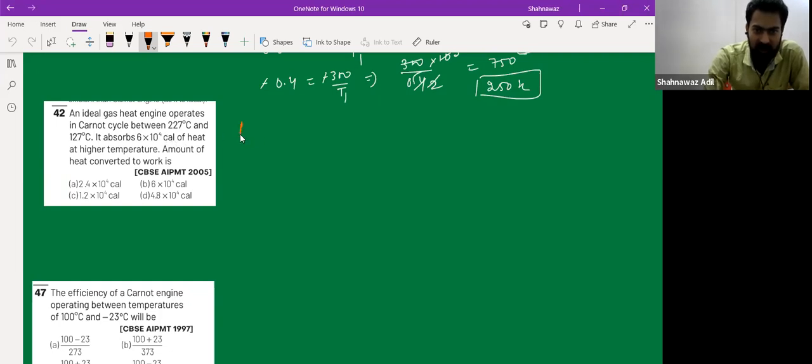First, T1 is 227 degrees C, and we have to change this into Kelvin. So 227 plus 273 is 500.